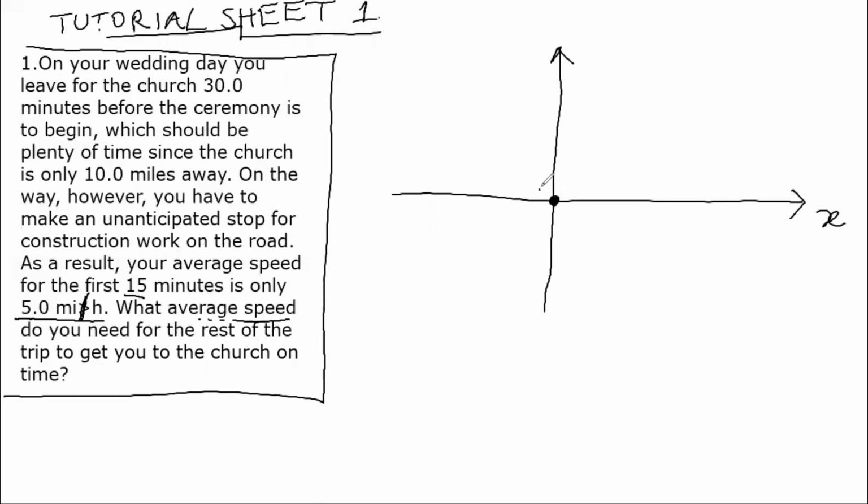In this case, it is your home, where you're coming from. And then ideally, you want to get to this point. We have assumed that this motion is taking place along the x-axis. So this is the church where you want to go.